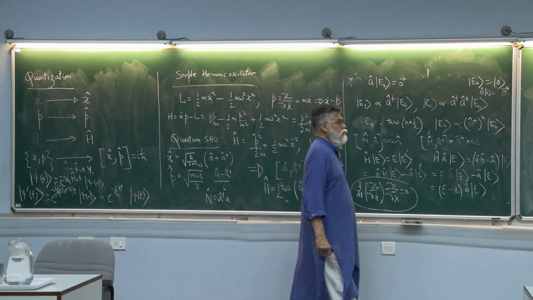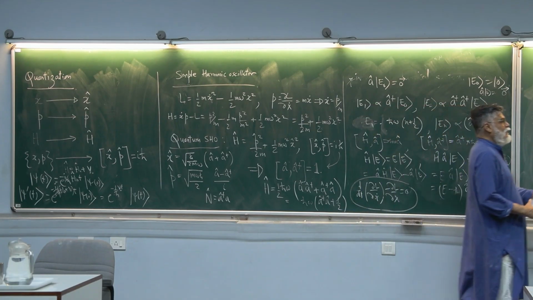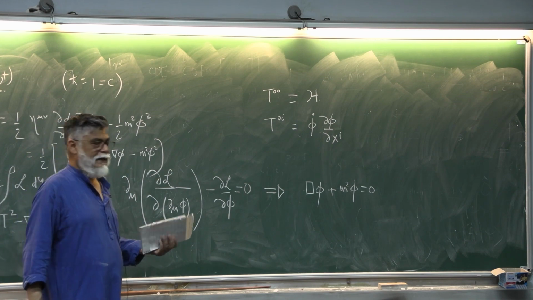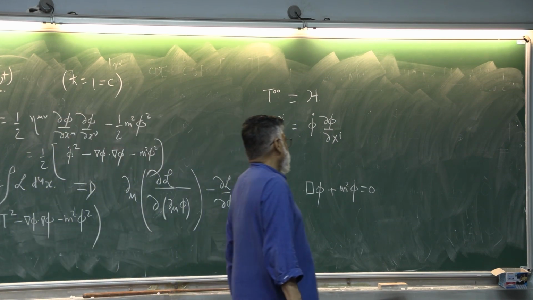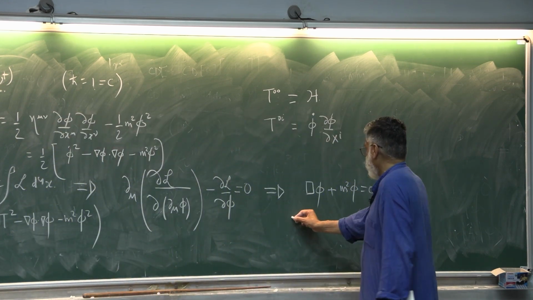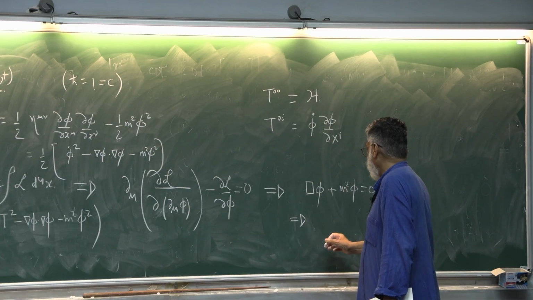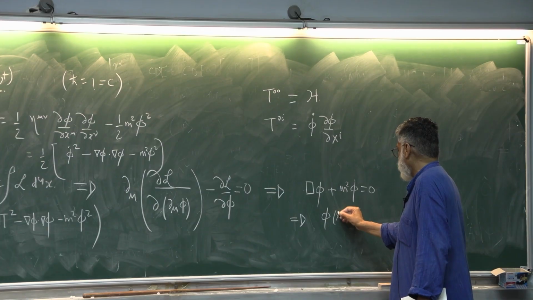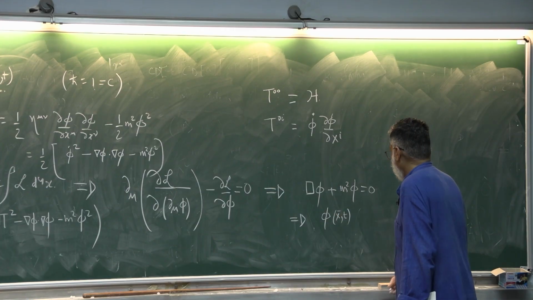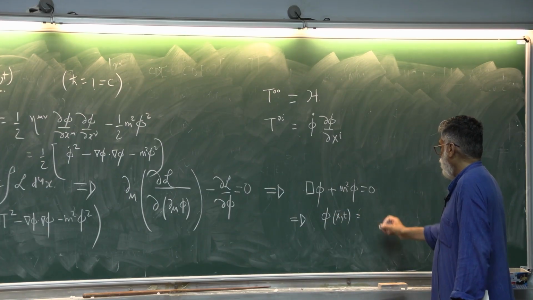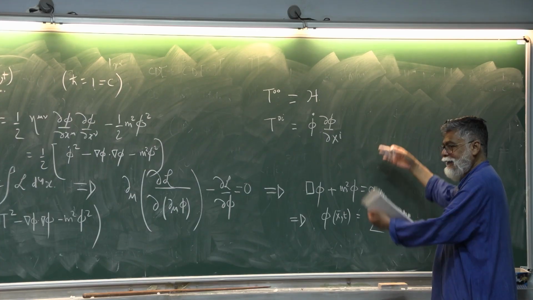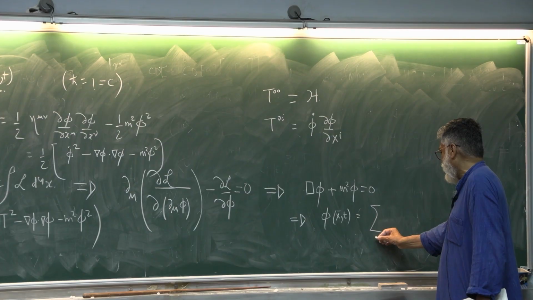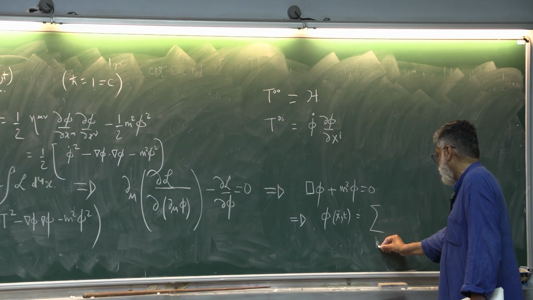Klein-Gordon equation, we know the exact solution of the Klein-Gordon equation. What is the exact solution? The most general solution of the Klein-Gordon equation is this. I'll first write it down and then you can show that it is the most general solution. Summation of, I can do an integral over all modes, but at the moment I'll deal with summation. Mathematically everything is simpler.